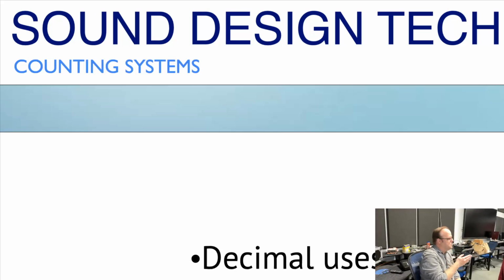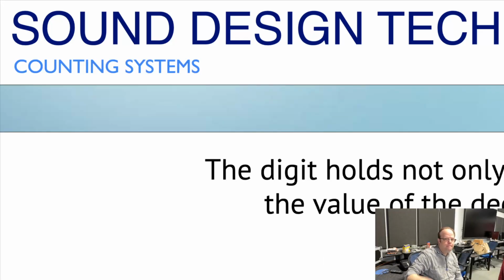So in decimal, each of those decimal place slots is 10 times greater than the one that came before it. You remembering this? The important thing to remember is that the digit itself has a base value, but the full value it represents also depends on which slot it's sitting in.